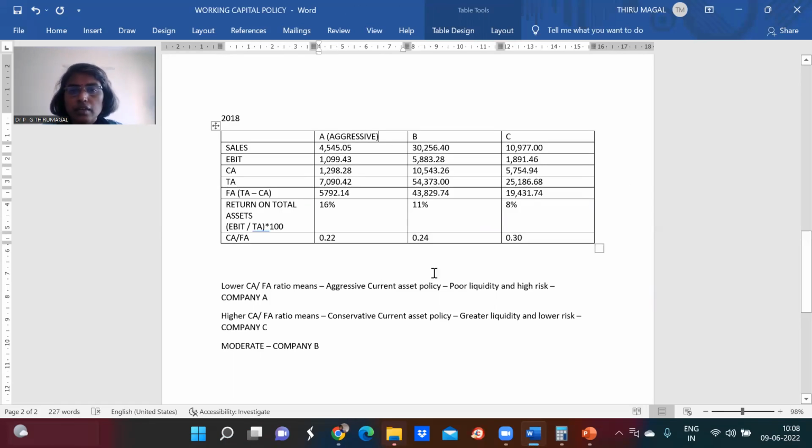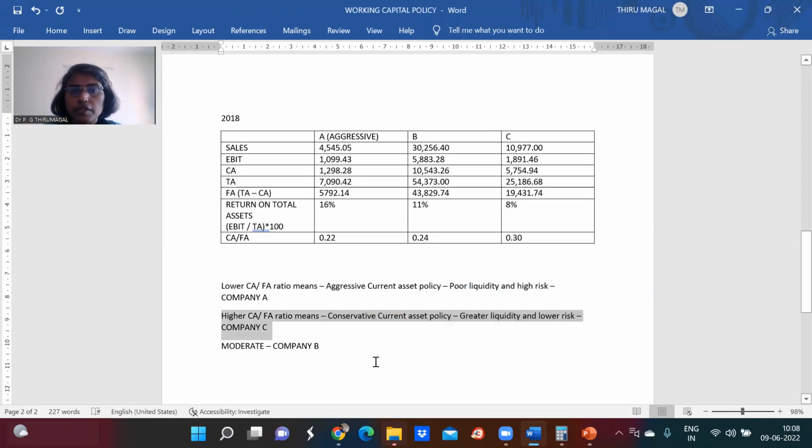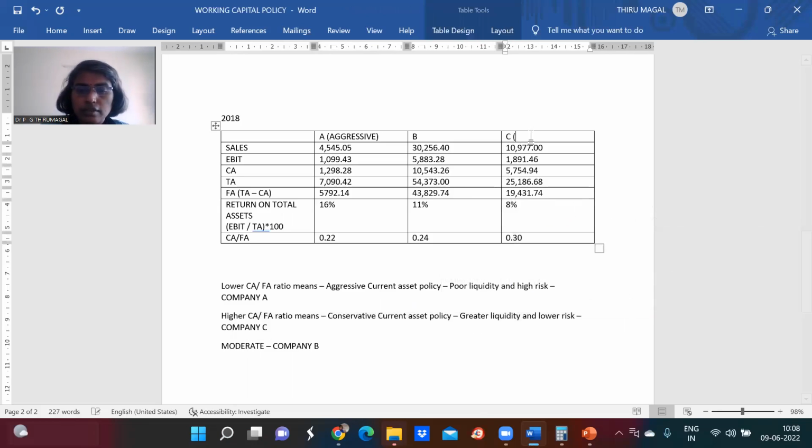Similarly, the highest current asset to fixed asset ratio is company C, which is following a conservative policy. In between, the company that follows the moderate policy is company B, a moderate working capital policy.